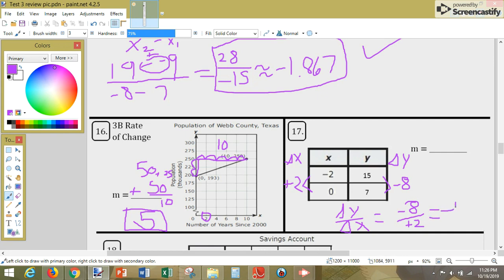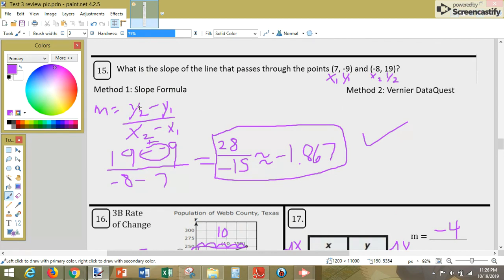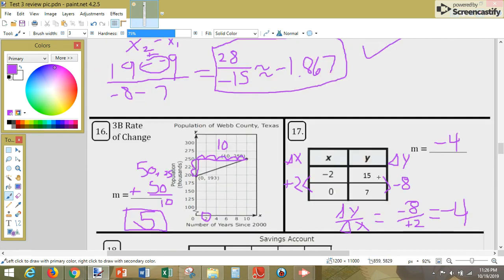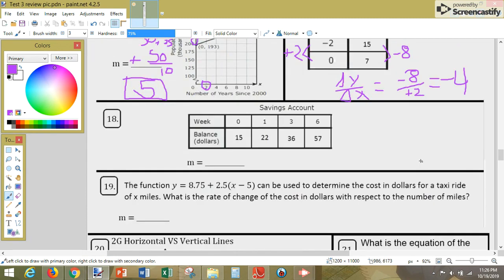That equals negative 4. So your slope is negative 4. You could do other methods with this too. You could put it into the slope formula, or you could use Vernier Data Quest. Let's look at number 18.